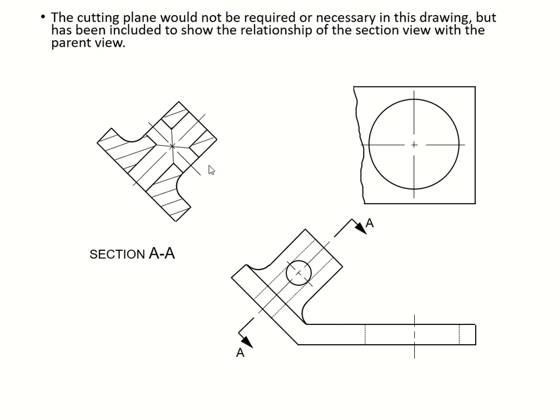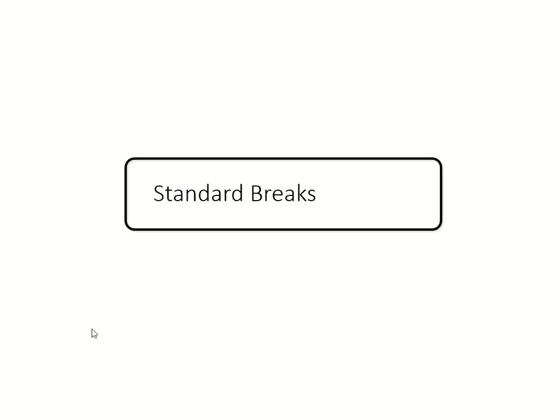And this is our parent view, and that's our section. The section is showing only this part of the entire object because we don't have to cut down the whole thing. The only way you can cut down the whole thing is by doing an offset. We don't need it. We're concentrating only on this part, so we'll do the partial sectioning.